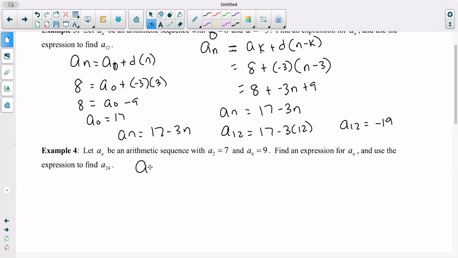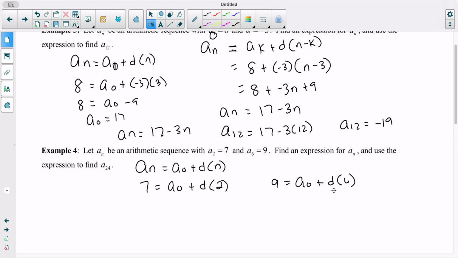Okay, so we're basically just going to substitute into this value twice. So a sub n, that would be the output, that would be 7 equals a sub 0 plus d times 2, right? That's the second term. And then the same equation would be 9 equals a sub 0 plus d times 6.